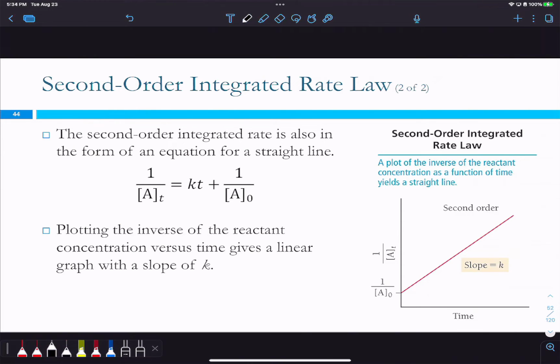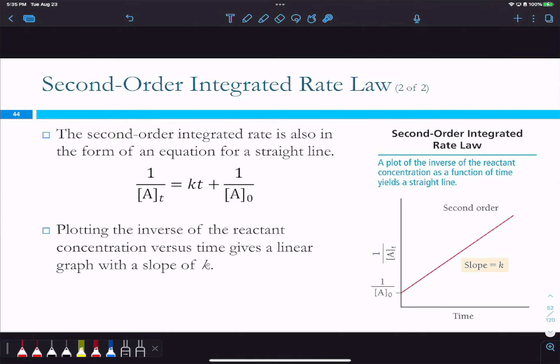And then instead of k being multiplied by a negative 1, we have a positive slope. So if you plot 1 over the concentration of A versus time, you get a straight line.